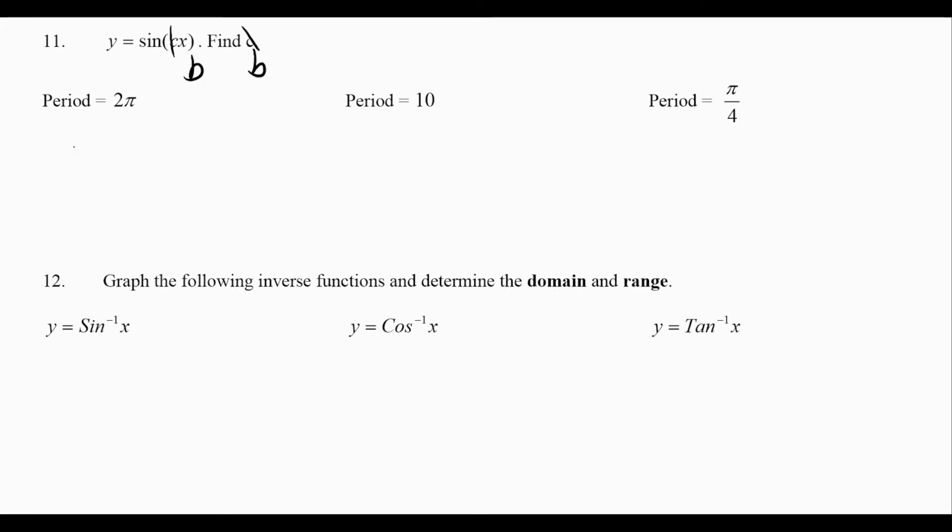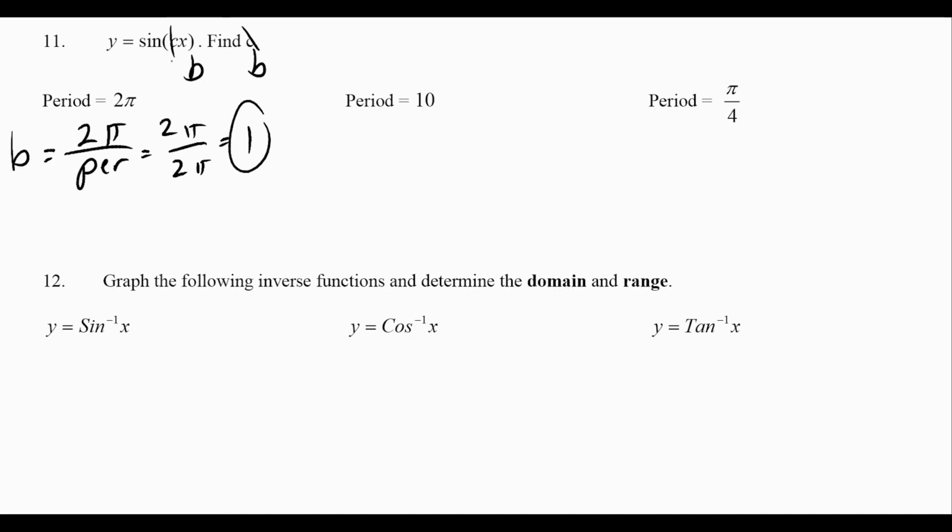So what you're going to do here is you're going to set up 2 pi over whatever the period is equal to 2 pi over 2 pi, which gives us 1. So the answer here for B is going to be 1.